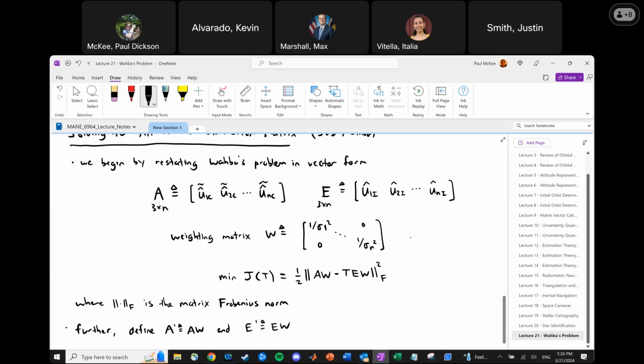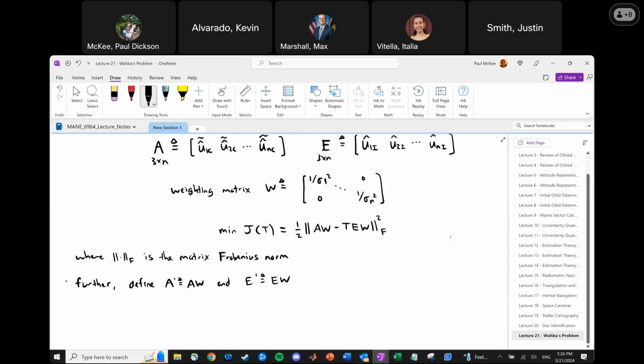So those are our weighted matrices. Then we can rewrite the problem as the min of the cost function, which is itself a function of T, is 1/2 the Frobenius norm of A prime minus T E prime, squared.